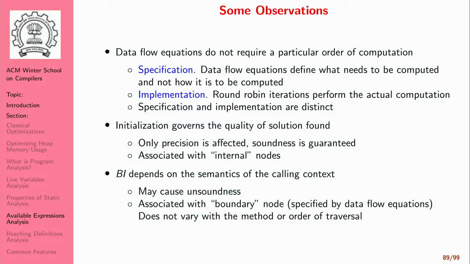Data flow equations define mathematically what you wish to compute. How you compute, in which order you go, whether you use round robin algorithm, a work list algorithm, or an elimination algorithm, there can be many different ways of solving the data flow equations.